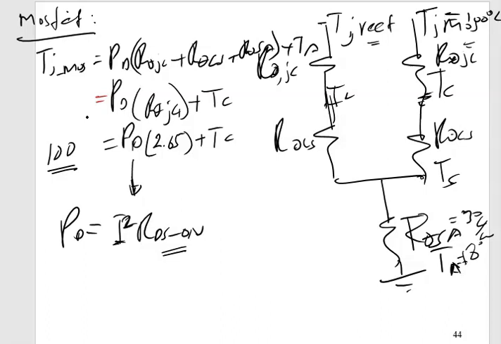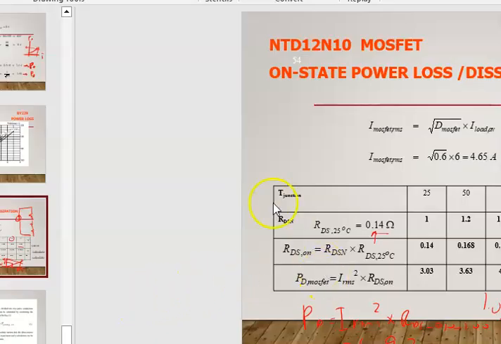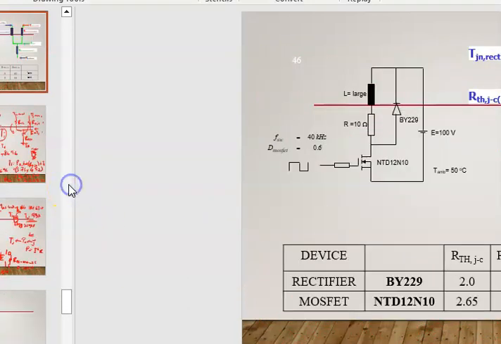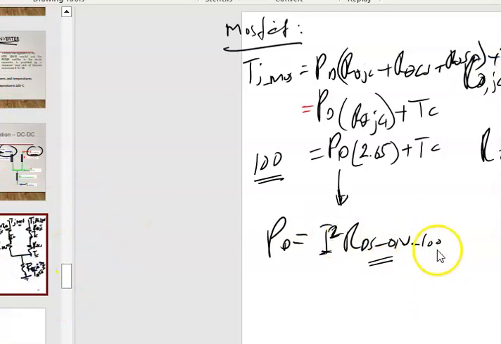For the time being, we are considering the conduction loss, RDS on, at the value of 100 degrees C. So we put here I squared RDS on at 100 degrees C. Okay, RDS on at the value of just now, how much? We're looking at 100 degrees C.